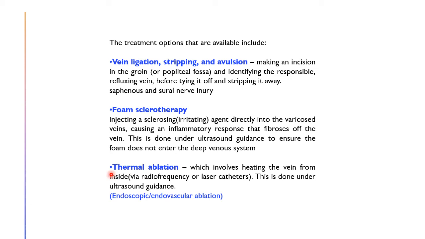The third treatment available is thermal ablation, which involves heating the vein from inside, either using radio frequency or laser catheters. This is also done under ultrasound guidance and is generally known as the endovascular ablation of varicose veins.